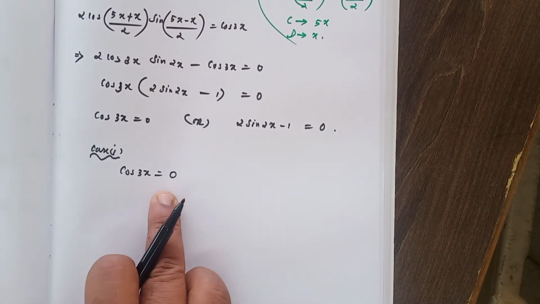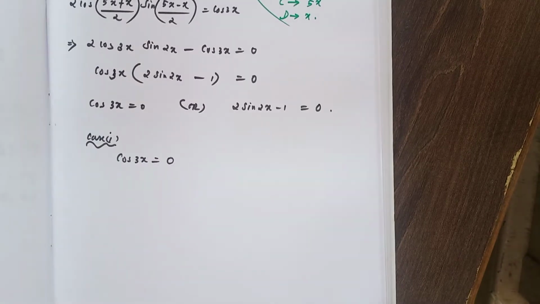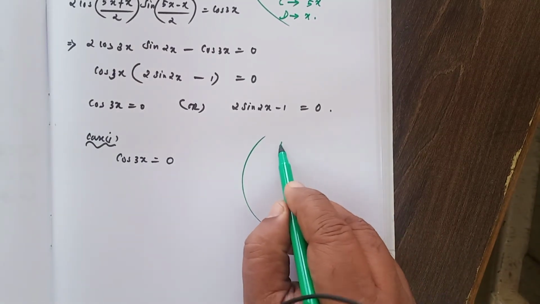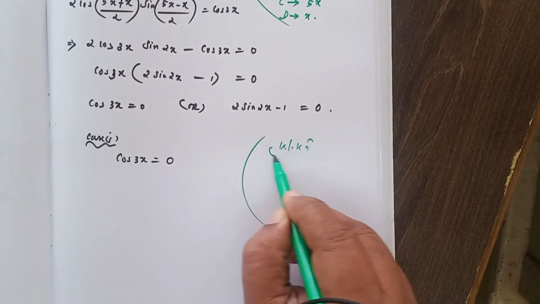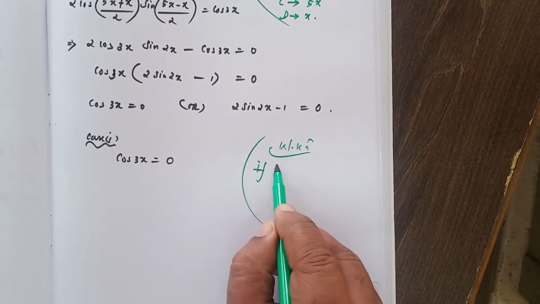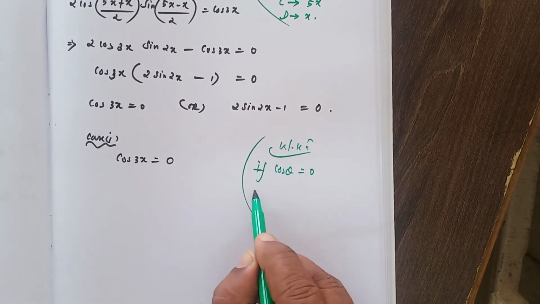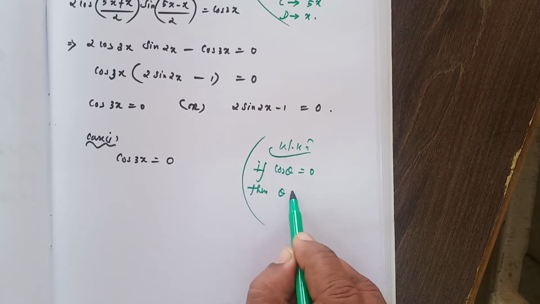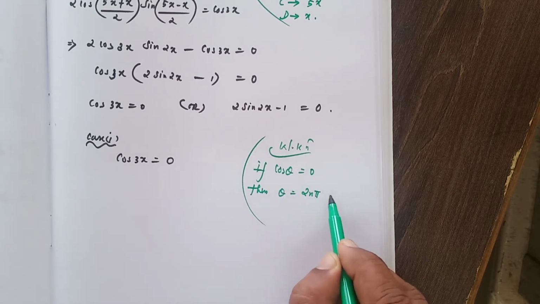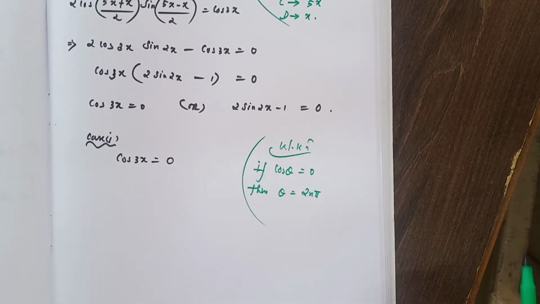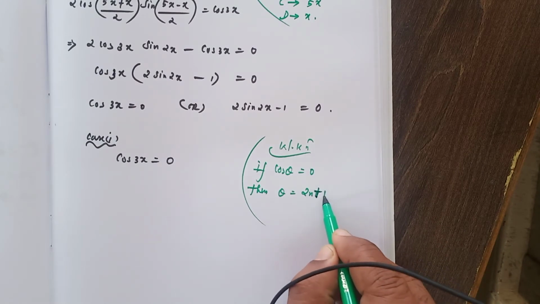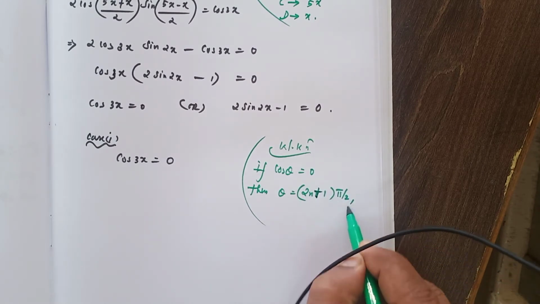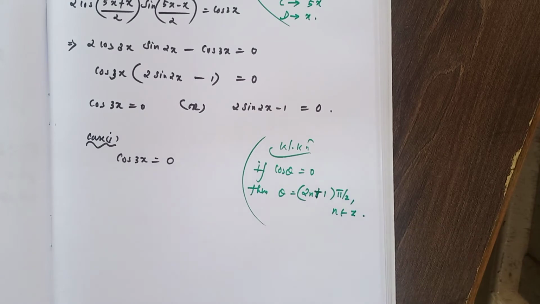Here cos 3x is equal to 0. We know that if cos theta equals 0, then theta is equal to (2n plus 1) into pi by 2, where n belongs to integers. That's the general solution.